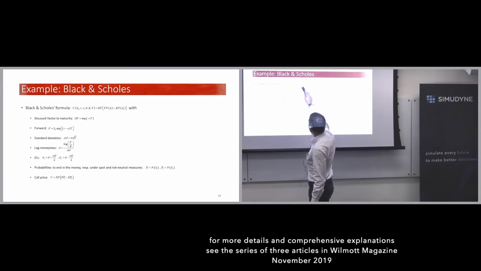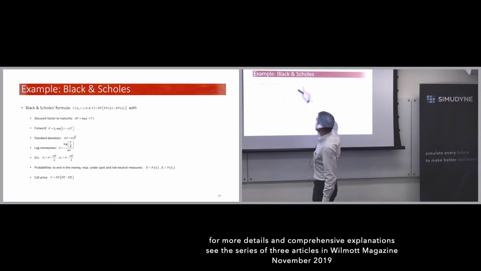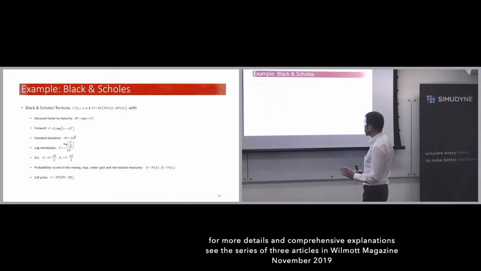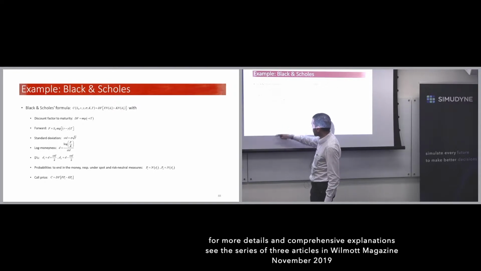Then we need to calculate d1 and d2, so that's d plus half a standard deviation and d minus half a standard deviation, which gives us N of d1 and N of d2, the probability to end in the money, respectively under the spot measure and the risk neutral measure. And finally, the call price will be the discounted f P1 minus k P2.